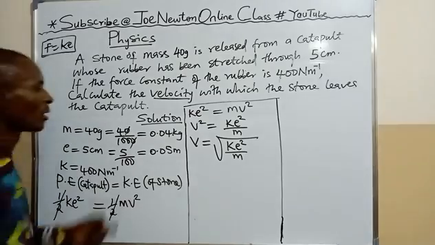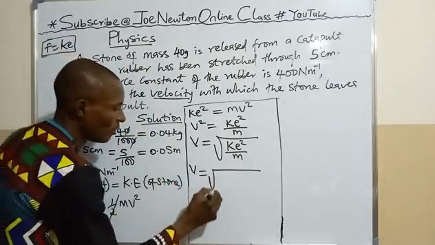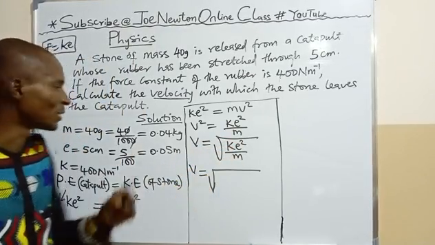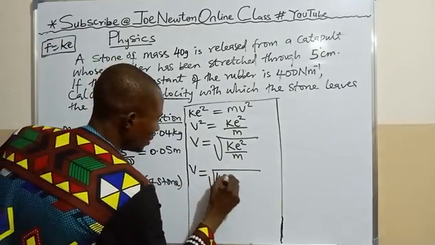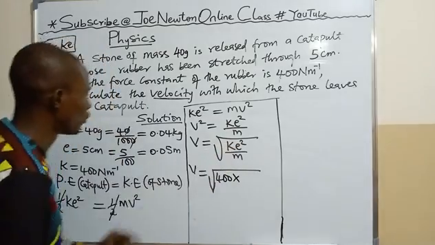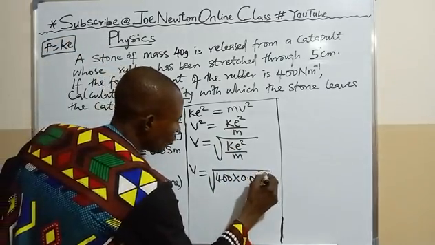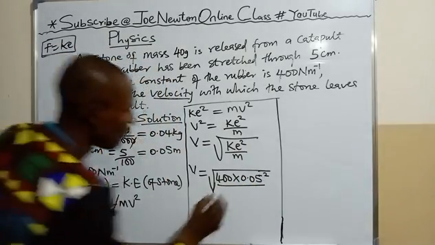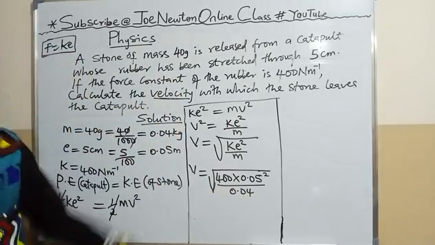We have that v equals square root. Be careful, mind you that this square root covers both the numerator and denominator of the fraction. Very important. So our k is 400 times our extension 0.05, and recall it is squared in the formula, all over our mass 0.04. Then finish what is inside before the square root finally.